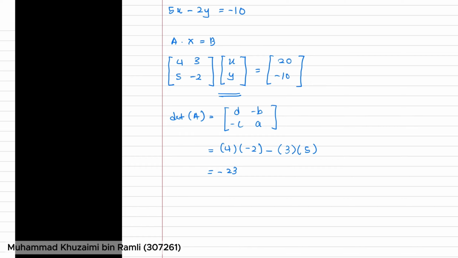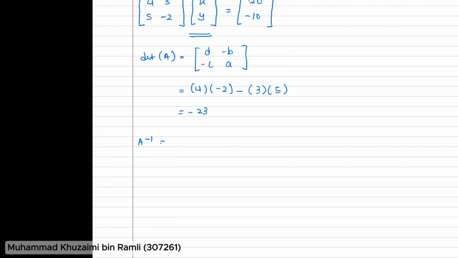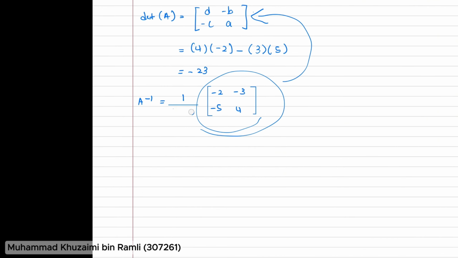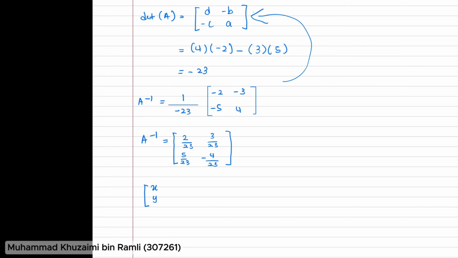After that, we substitute the value into the inverse formula, which is A inverse equals, and our determinant of A is -23. Then we solve for the value of A inverse, so x y equals A multiplied with B, which is 20 and -10.